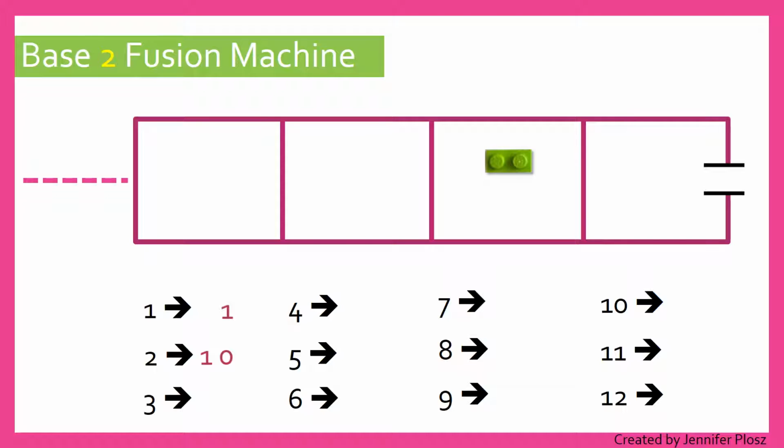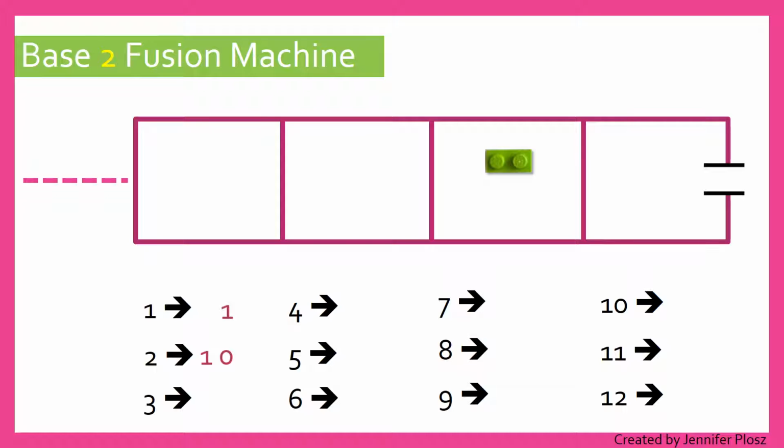Now I hear some people saying 10. Did you see me at any point bringing into the machine 10 dots, or did I just bring 2 dots? Right, we only brought in 2 dots, so it can't be 10.